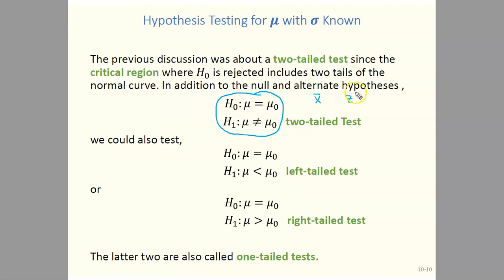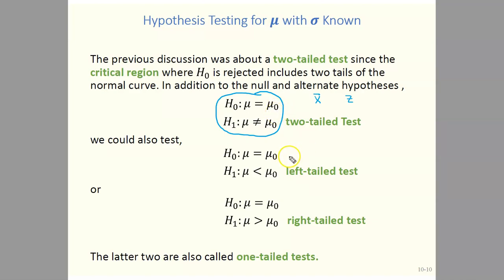Correspondingly, if our test statistic falls in the left critical region or the right critical region, we reject the null hypothesis. Now, this is sometimes called a non-directional hypothesis test because we can reject the null hypothesis if our sample mean falls significantly to the left or to the right of mu naught. So we don't really care about the direction it falls in order to reject the null hypothesis.